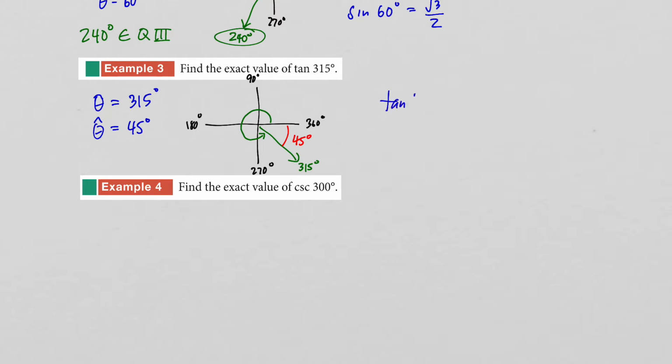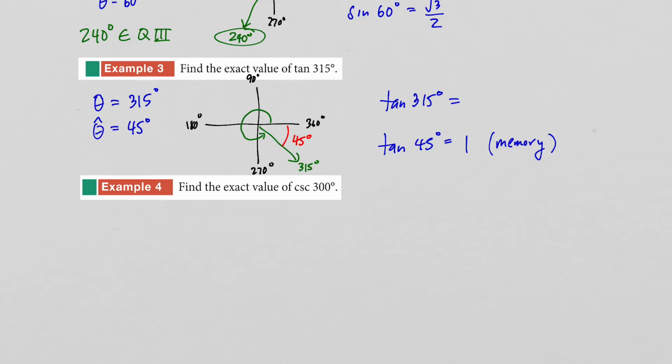So the tangent of 315 degrees will be the same as the tangent of 45 degrees, except that we'll have to decide whether it's positive or negative. Well, the tangent of 45 degrees we should know is 1, right? And again, this should just be from memory, but if not from memory, you can use right triangle trigonometry to figure that out.